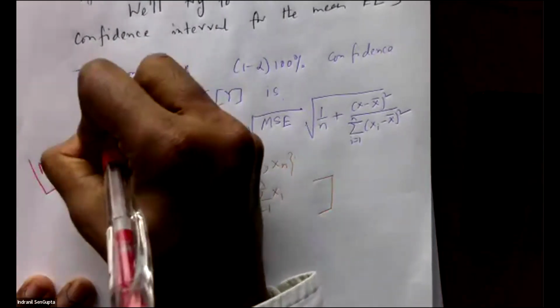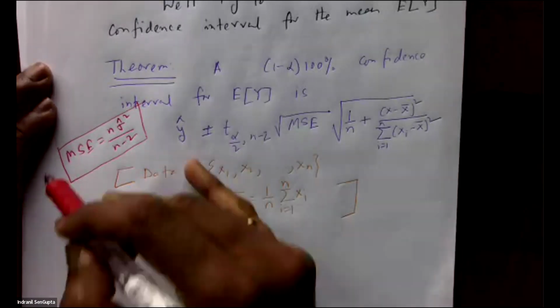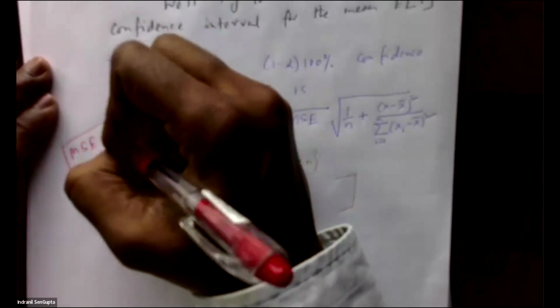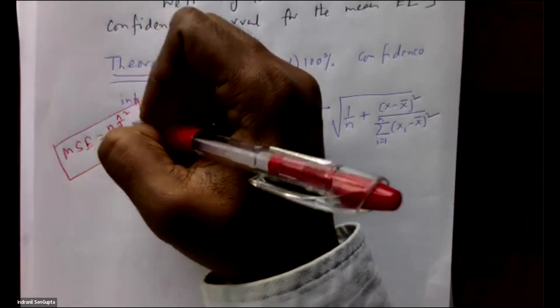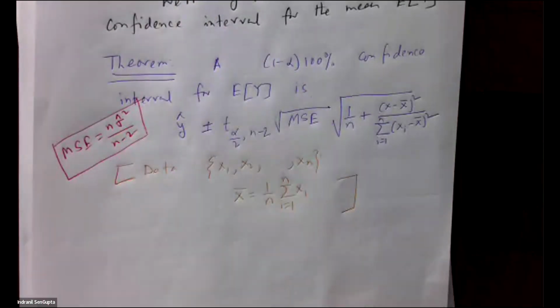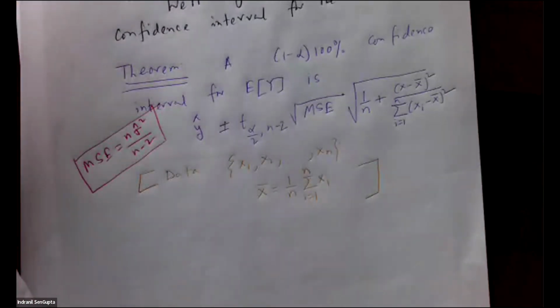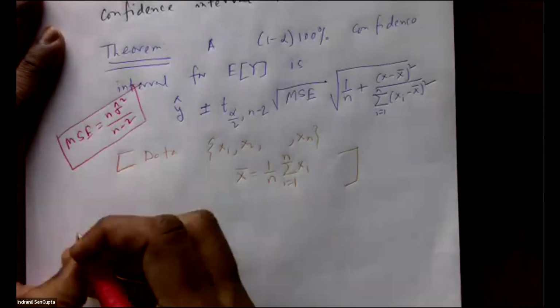So this is the MSE. We have discussed this last time. If you want to see how you implement this, I refer you back to lecture note 20. Okay, let's prove it. I will be proving this result. So let's do the proof.